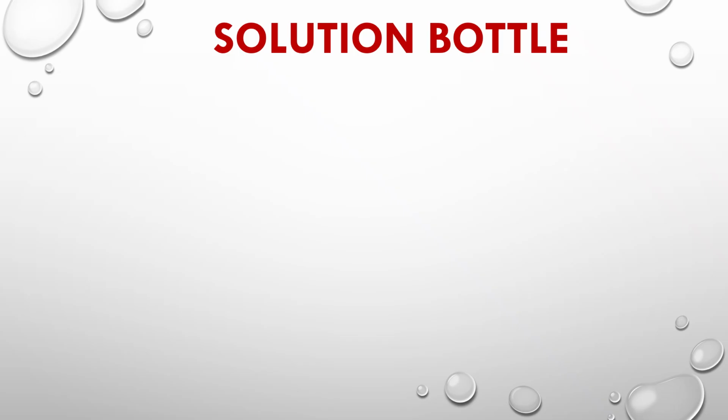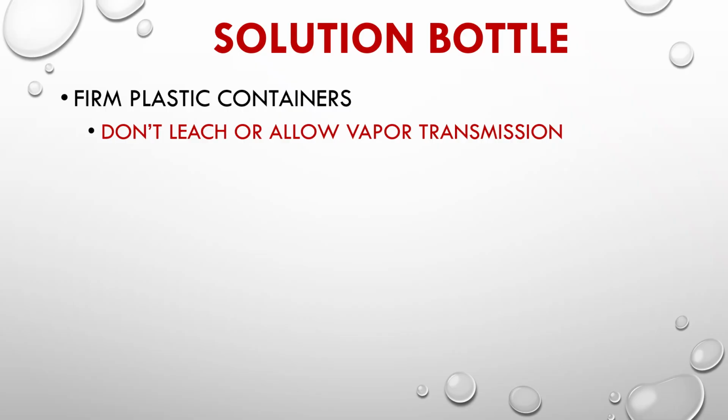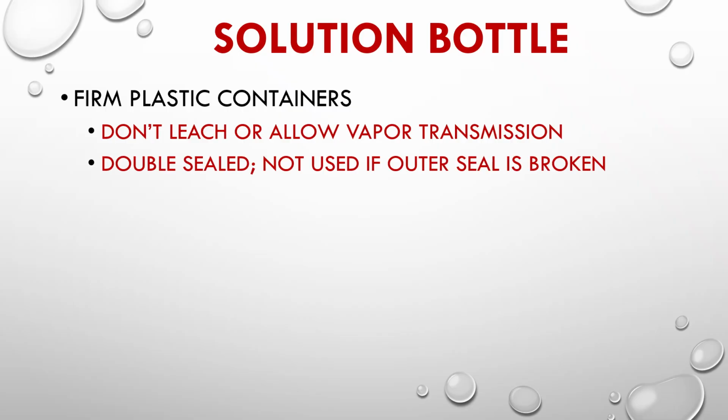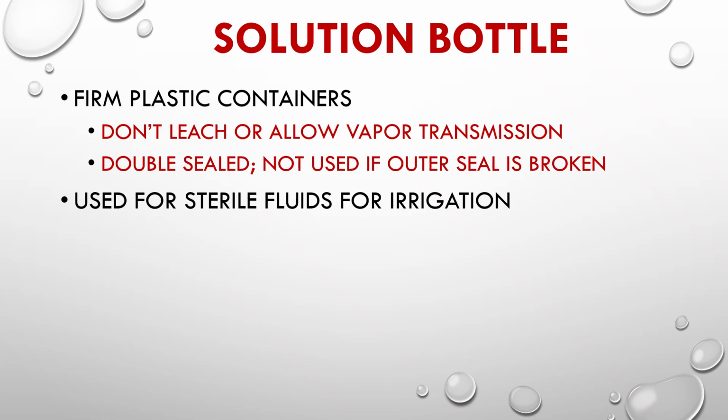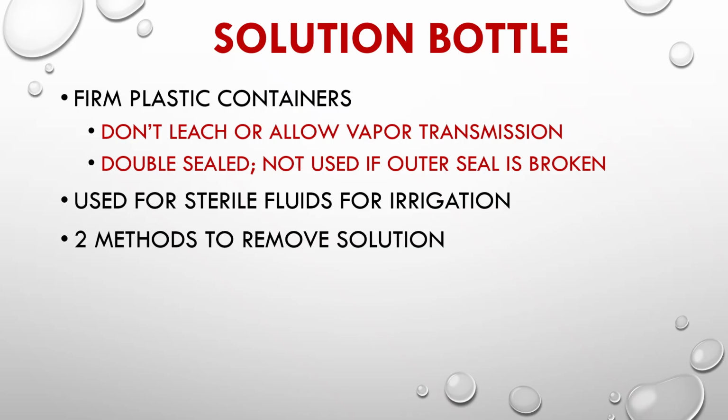Now the solution bottle, again, this is kind of a firm plastic container that won't leach or allow the contents to vaporize. It is double sealed, so it's not used though if that seal is broken. For use, mainly in the OR, is for irrigation, so flushing out a wound or an opening and an incision to flush that out.